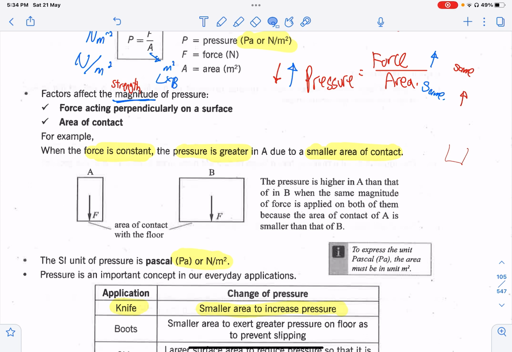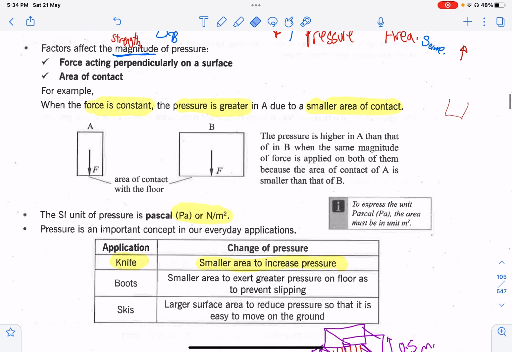That would indirectly increase the pressure. So for pressure, it's an understanding of how these particles are hitting continuously onto the container wall.